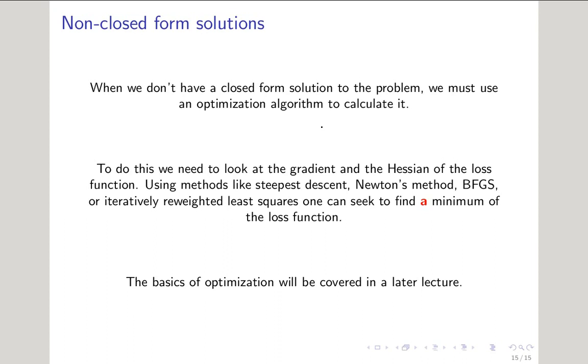I emphasize that these methods will find you a minimum or maximum because, depending on the method and how the problem is formed, there could be an infinite number of solutions that give you the same answer. A great example of this is when you use the 0-1 loss or the hinge loss. There are an infinite number of lines that you could draw between points to get the same 0-1 loss.